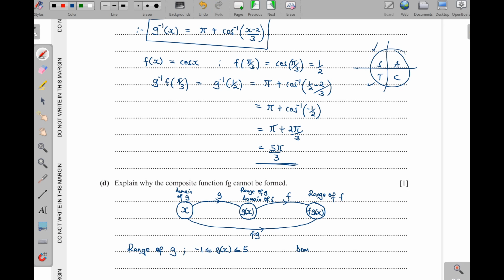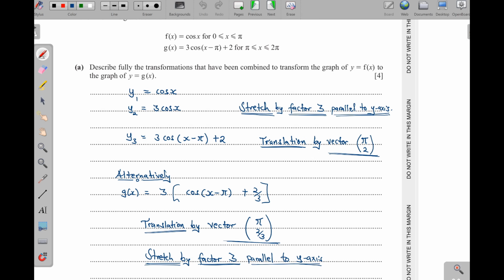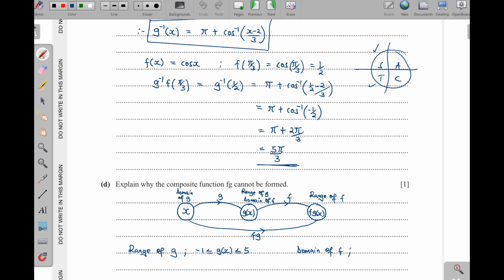Now let's look at the domain of f. When we go back and check here, the domain of f is this one here, 0 to pi. Now pi is 3.142.